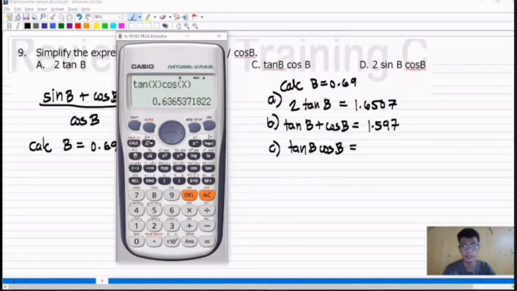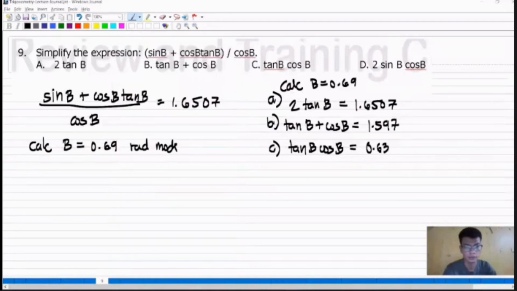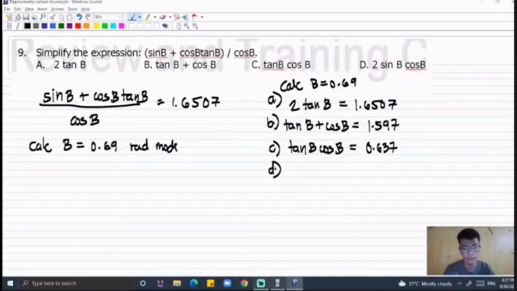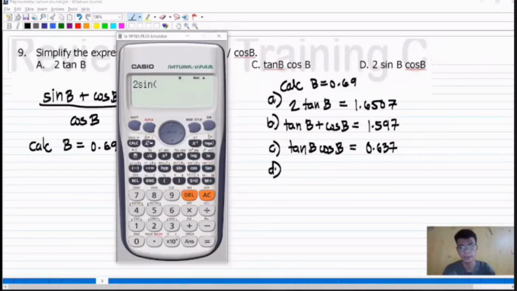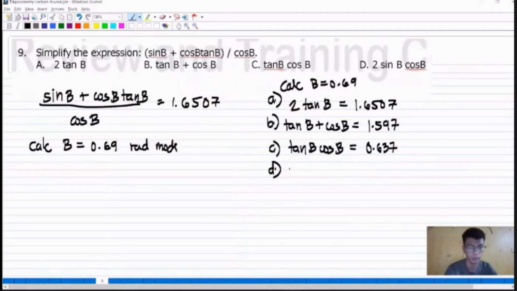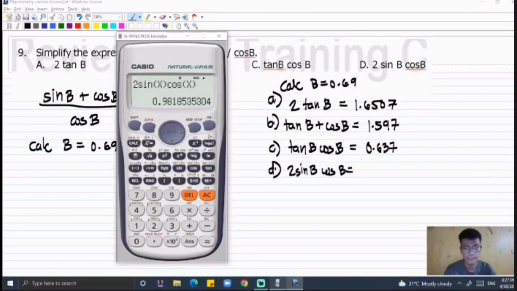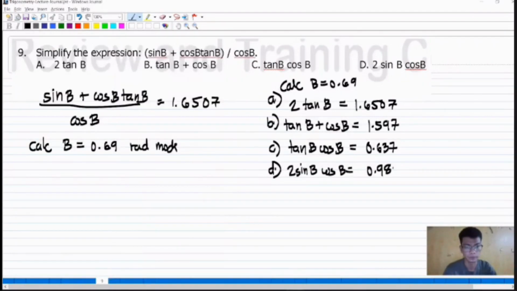The answer is 0.637. Lastly, isa na lang yung kailangan natin i-prove na mali. 2 sine B, cosine B, that is equal to 0.982. So the answer is letter A, kasi siya ang mayroong parehas na value.